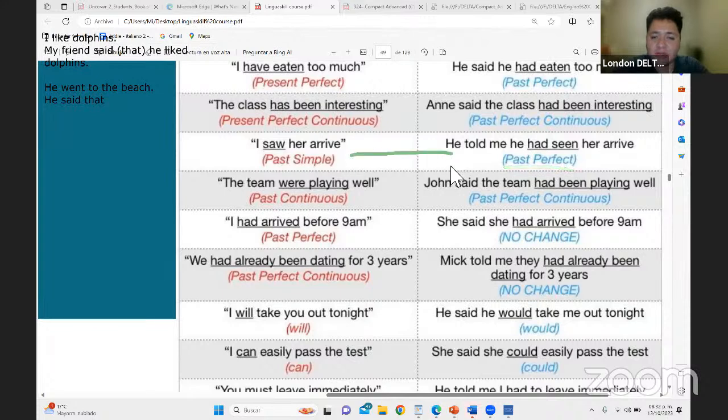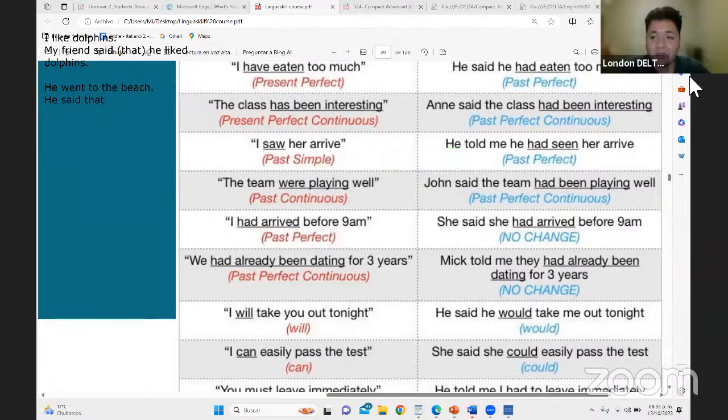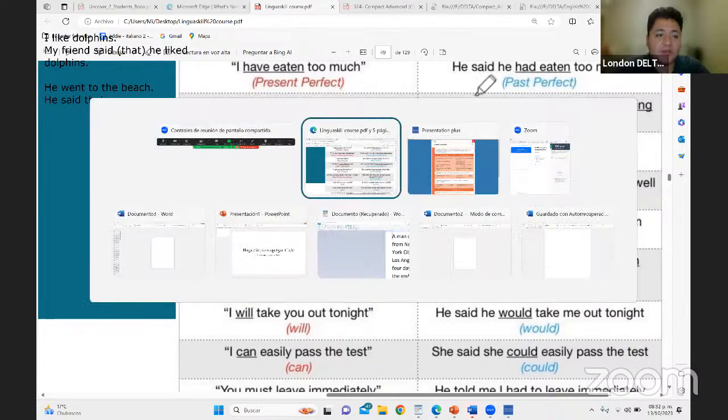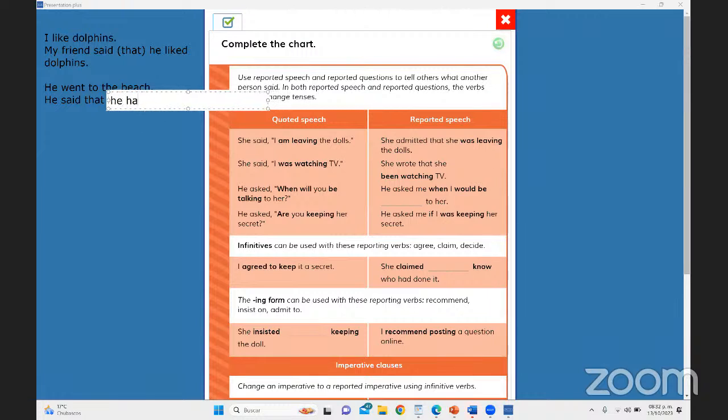Past simple changes to past perfect. So the sentence, he went to the beach. He said that he had gone to the beach. Yes, you can also say went.